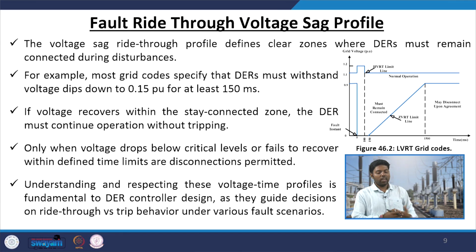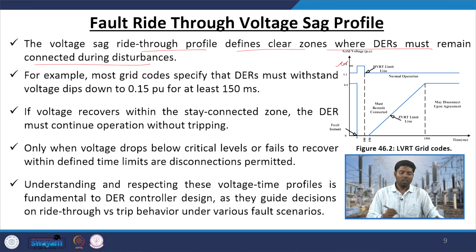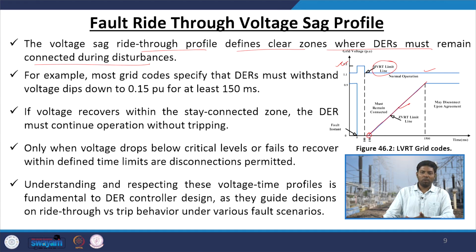So, what does the voltage ride through voltage sag profile look like? The voltage sag ride through profile defines clear zones where DERs must remain connected during the disturbance. This is the curve normally followed for ride through operations. You see the high voltage ride through line and this is the zero voltage or low voltage ride through line. Here is 150 milliseconds: we have decided that for 1.15 per unit it can run till 150 milliseconds.